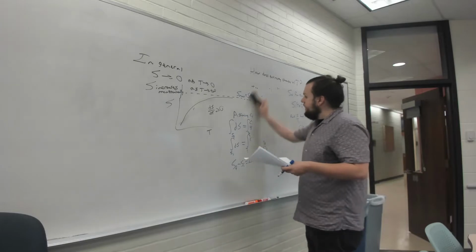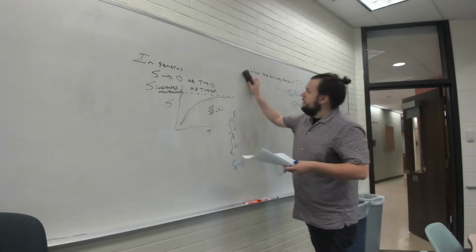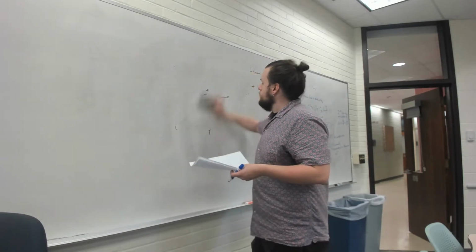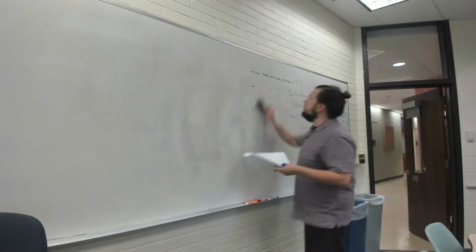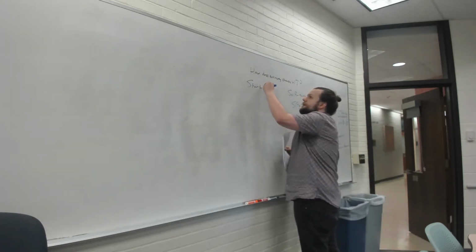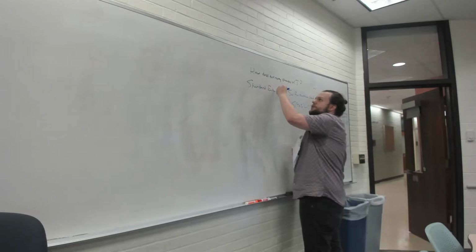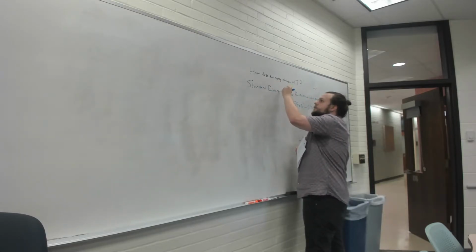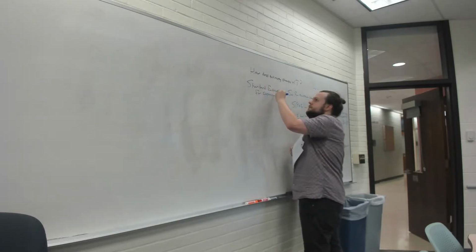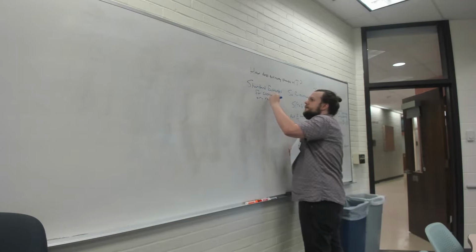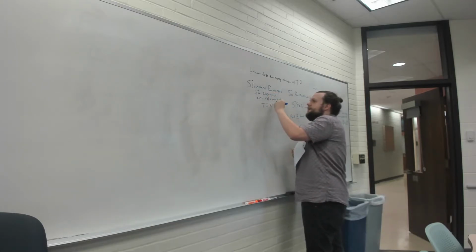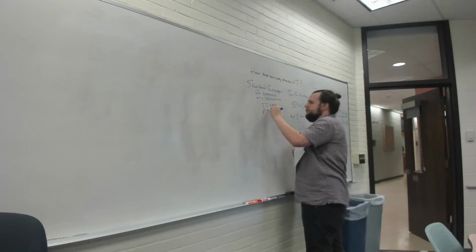So as a motivating example, I want to talk about a really interesting problem. Again, just as a reminder, standard entropies, the ones that you find in a book for substances, are referenced at T equals 298 Kelvin and P equals 1 bar.